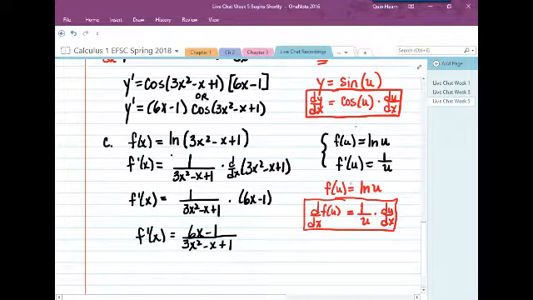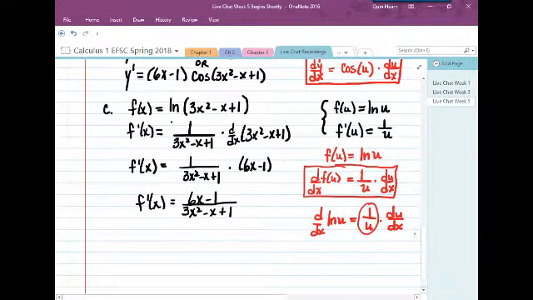All right, so this is another way that you'll see the derivative for natural log written. You'll see d dx of the natural log of u equals 1 over u times du dx. And all it is saying is just take 1 over whatever was in the argument, and if it's not an x, multiply by the derivative of whatever it is.